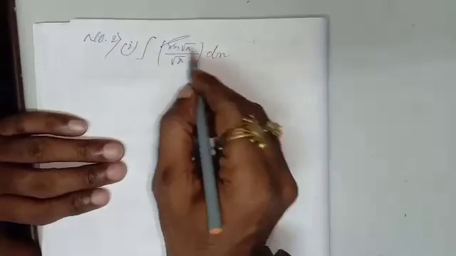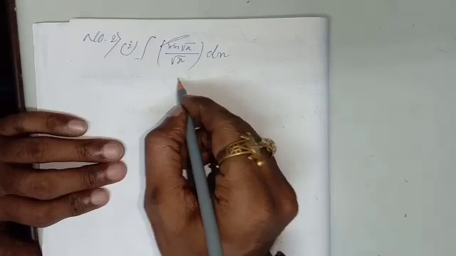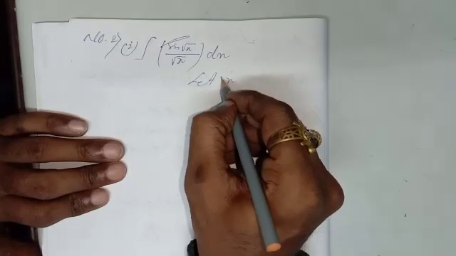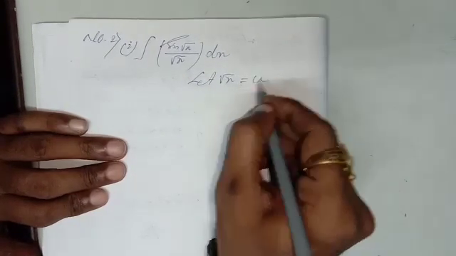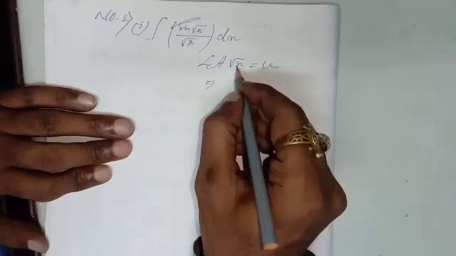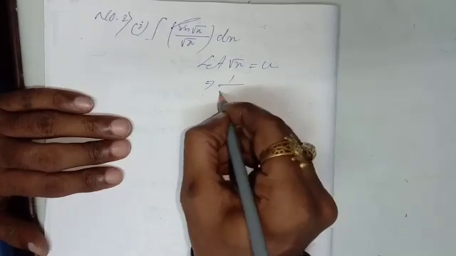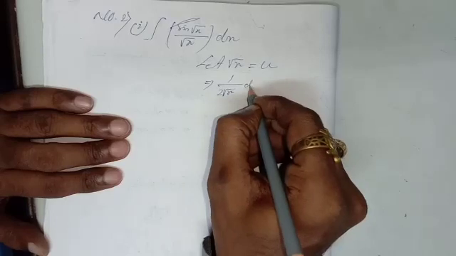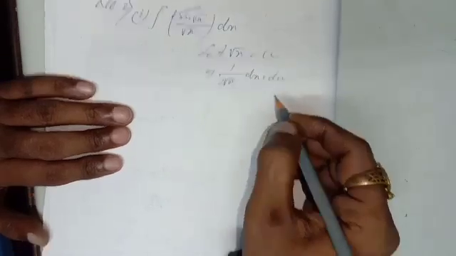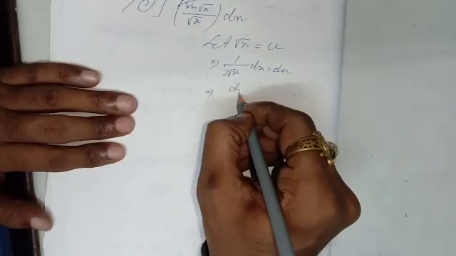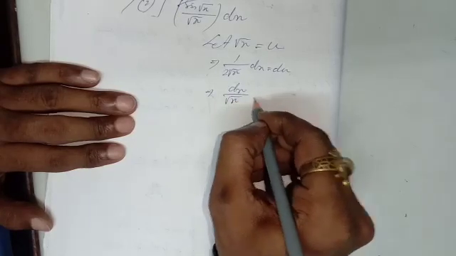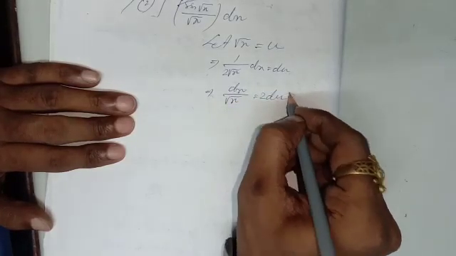That means sine root x, this root x you have to take as u. By substitution, root x as u, differentiating both sides. What is the derivative of root x? That is 1 by 2 root x dx is equal to du. That means dx by root x is equal to 2 du.